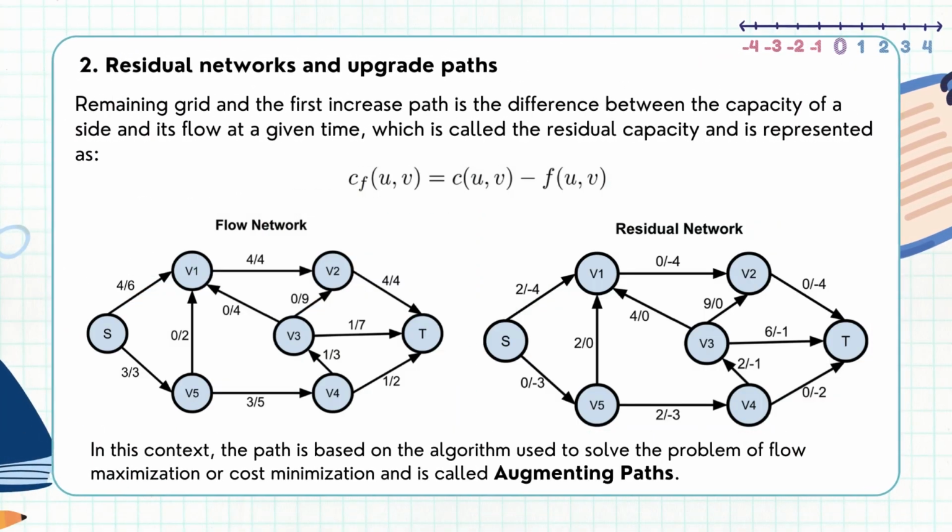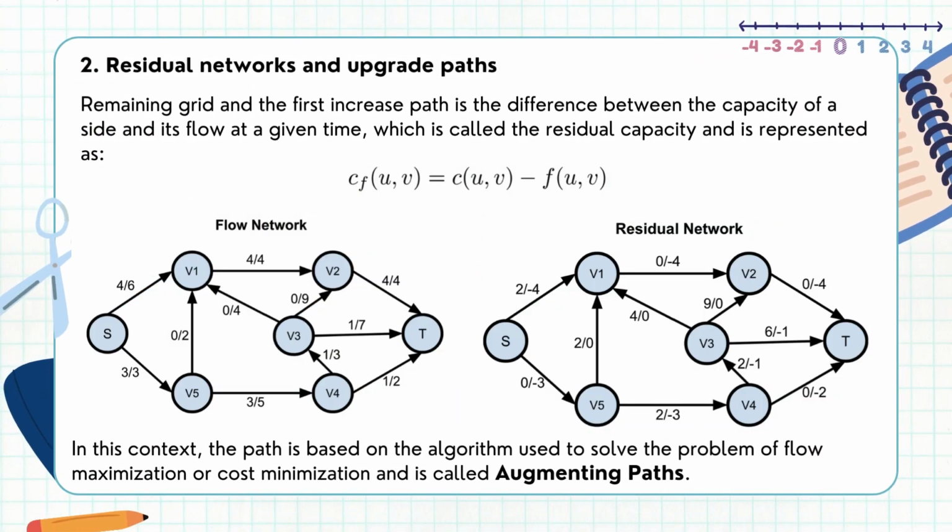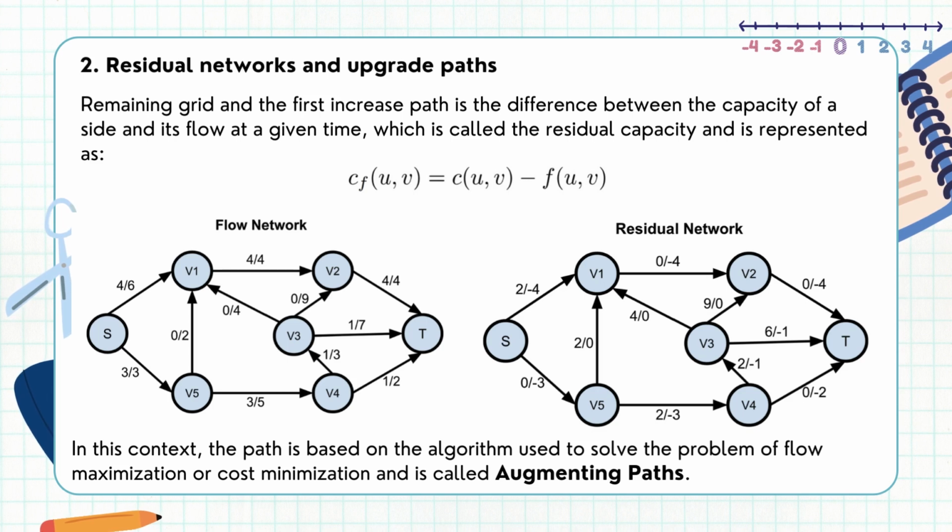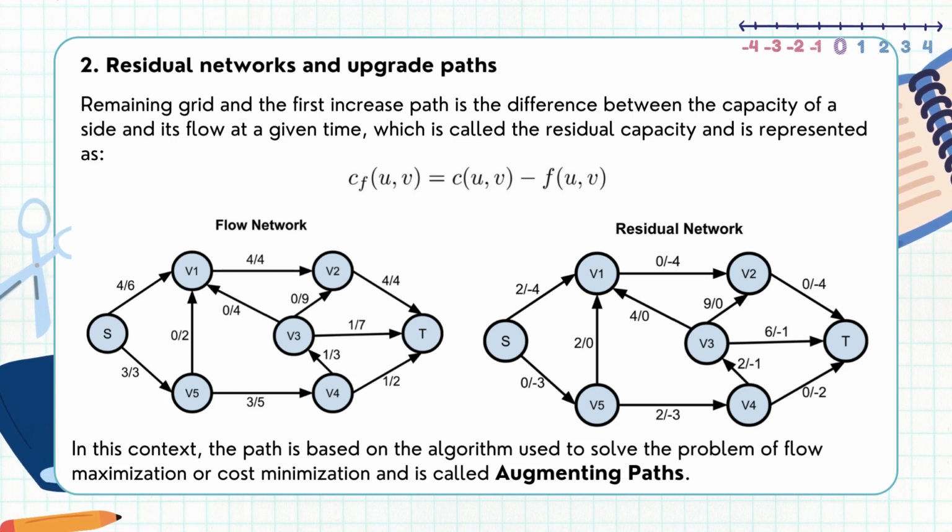Next is the residual network and the augmenting path. The difference between the capacity of an edge and its flow at a given time is called the residual capacity and is represented as cf(u,v) = c(u,v) - f(u,v).